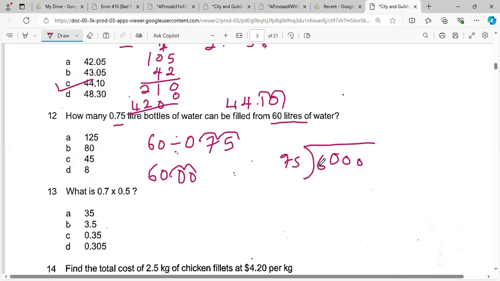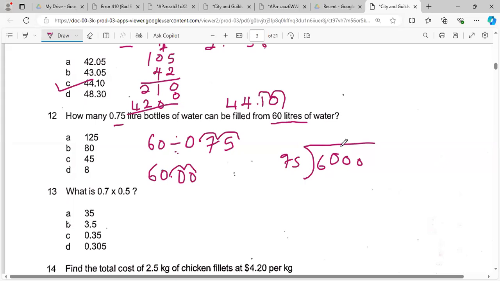So first thing you're going to say 75 into 6. You can't. Then you say 75 into 60. You can't. Then you're going to say 75 into 600. Now, if you look at it, 750 would make 10. So about 8 or 9? 8. Alright, yeah.